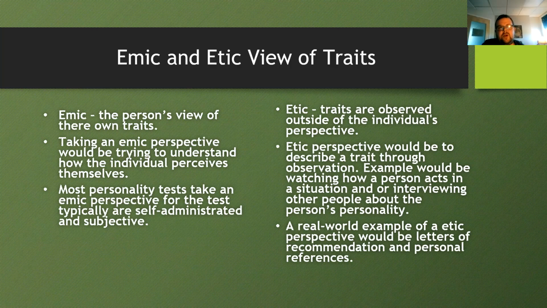While someone observing us is not typically with us 24/7, and even if they are, they don't know what's going on internally for us, and so can have a different perspective of who we are. So this is important to understand when we're looking at personality, because whose perspective we're asking is going to vary depending on how we define it.